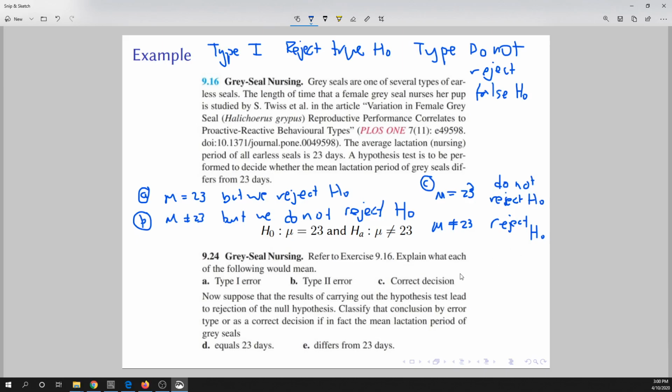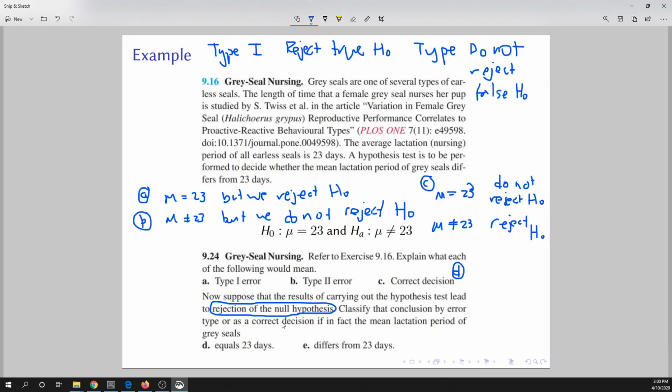All right, next up is part D. In part D, they say, now suppose the results of carrying out the hypothesis test lead to a rejection of the null hypothesis. So they're saying, hey, the hypothesis test was done, it led to this conclusion: we rejected the null hypothesis.